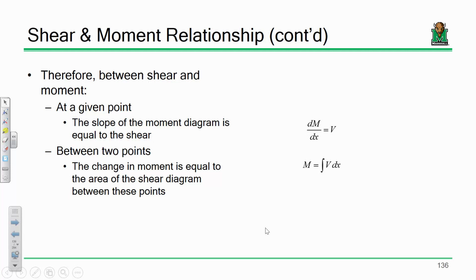A lot of these curves are not really going to be curves. They're going to be basic shapes like rectangles and triangles. So we can determine the area without having to break out the integral evaluated from A to B. It's going to be a lot more straightforward than you think.